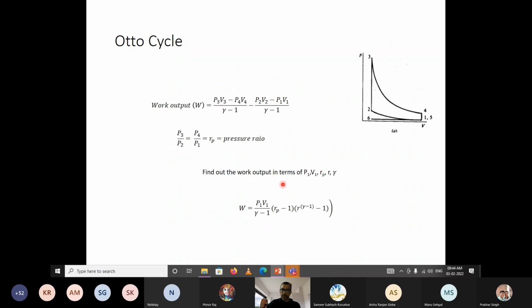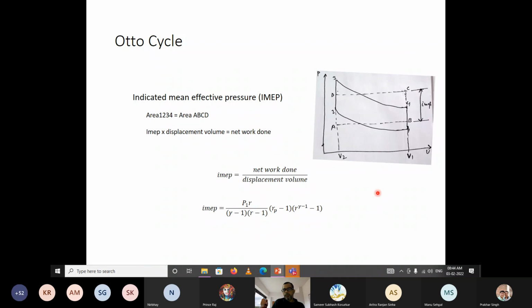So that is what gives you the total work output. Then another parameter we come to is the indicated mean effective pressure, IMEP.